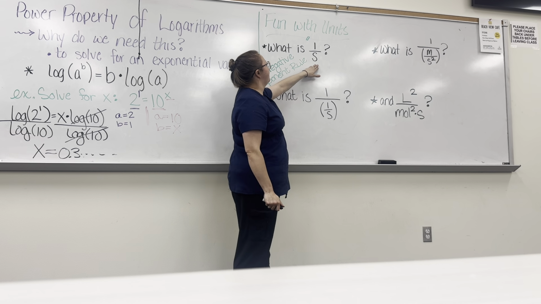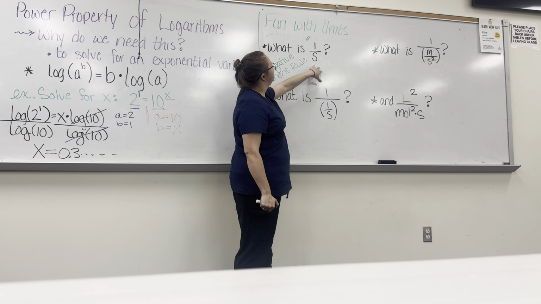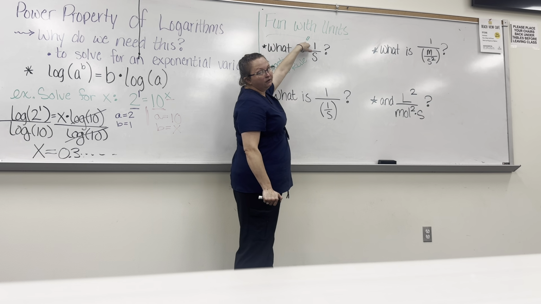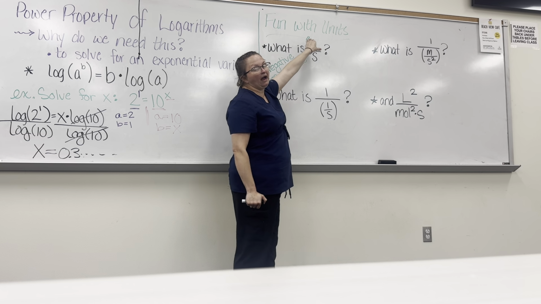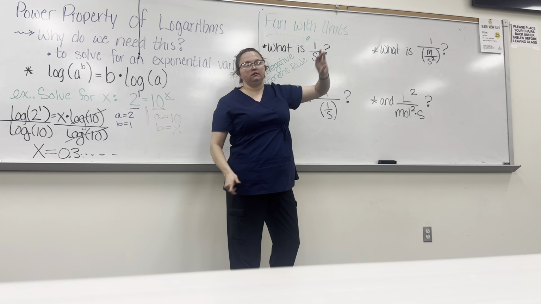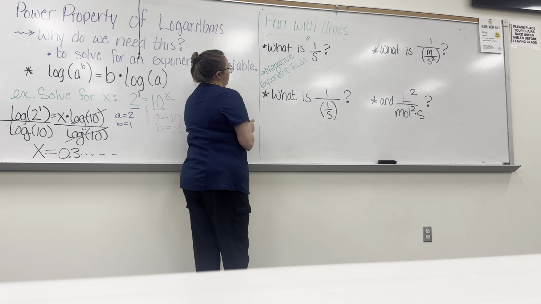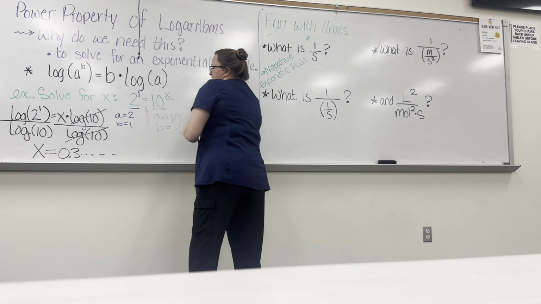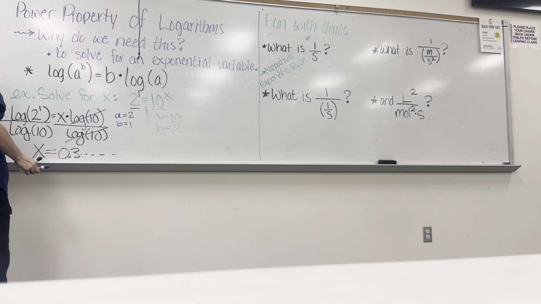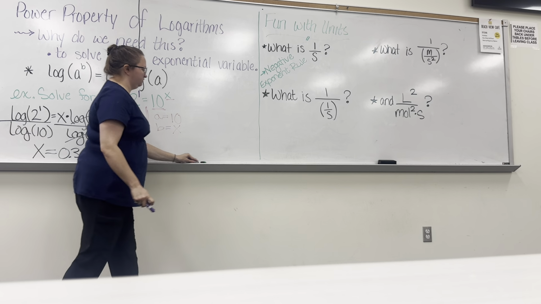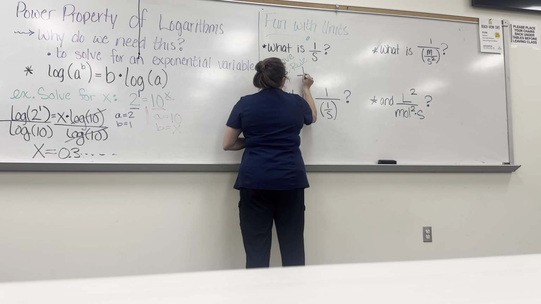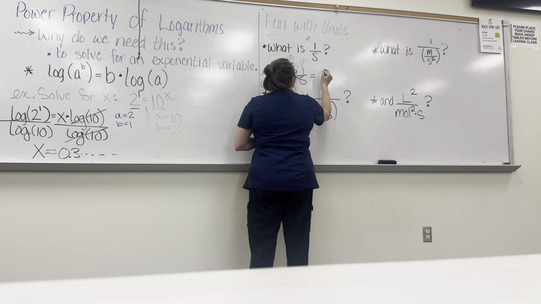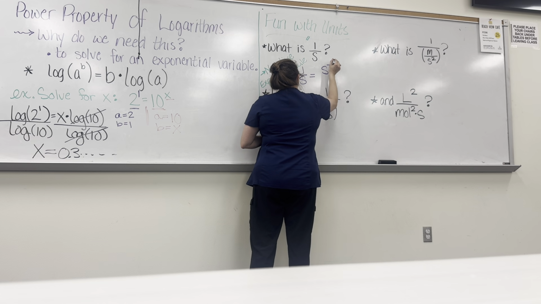If we were to take that s and move it from the denominator into the numerator, that s would be s to the power of -1. So 1 over s equals s to the -1.